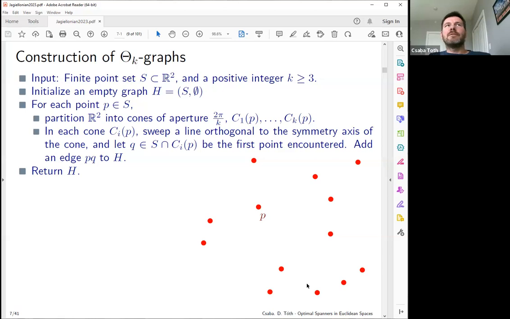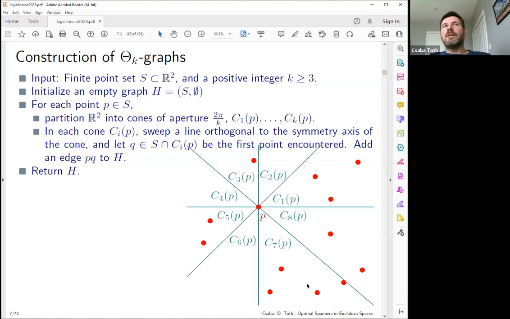Well, for each point, we partition the entire plane into cones, as pictured here, where each cone has 2 pi over k central angle. So theta refers to that angle of these cones. And in each cone, we find the closest point to P.